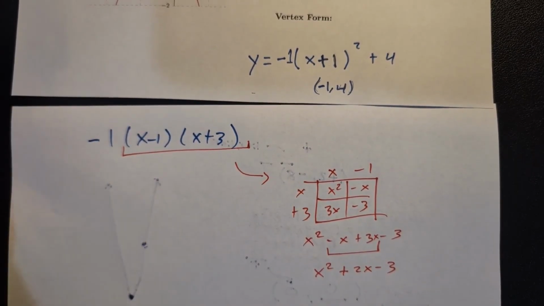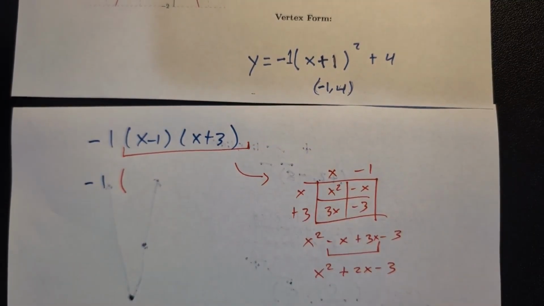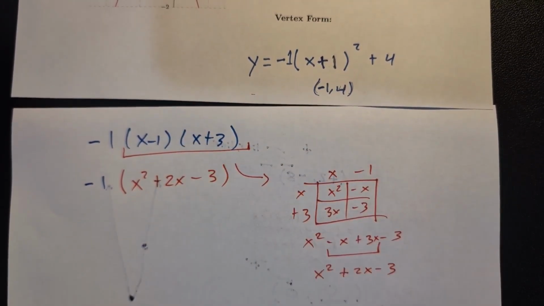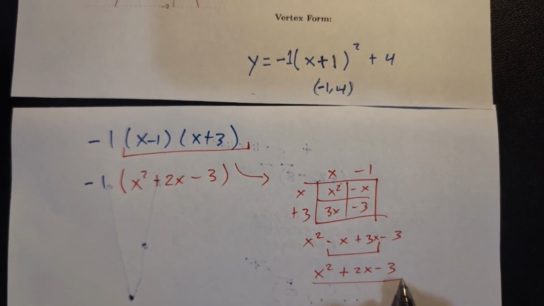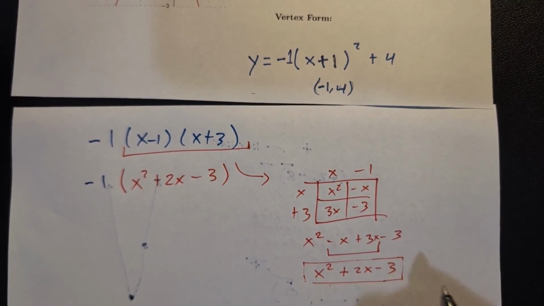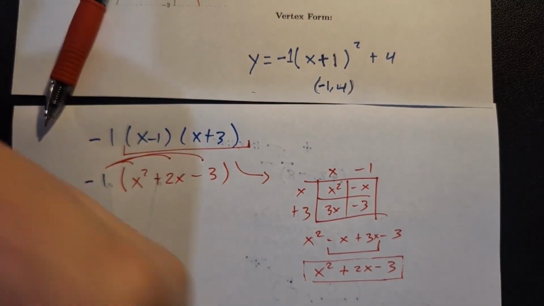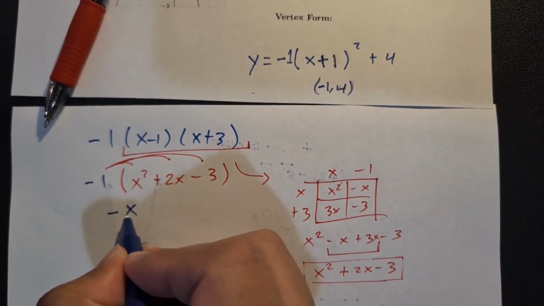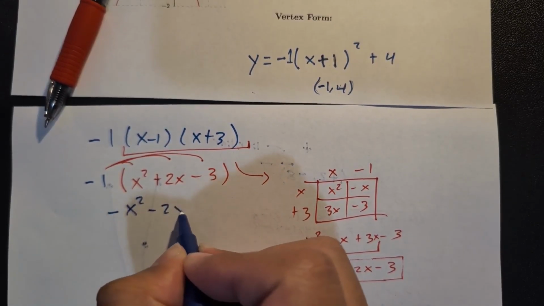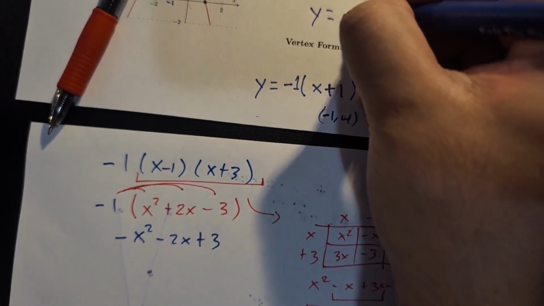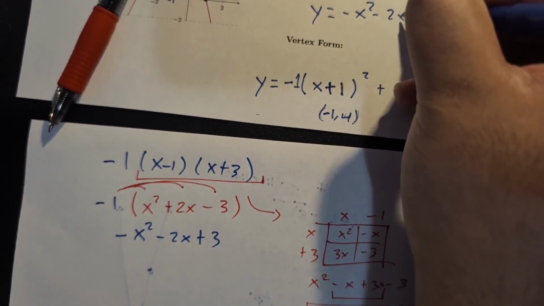So I'm going to get -1 parentheses x squared plus 2x minus 3, and that came from this part. Distribute that negative over. This becomes negative x squared, negative 2x, positive 3. That is what I'm going to write. y is equal to negative x squared minus 2x plus 3.